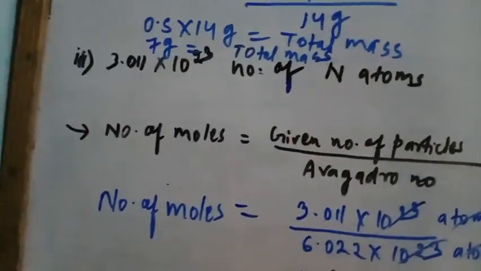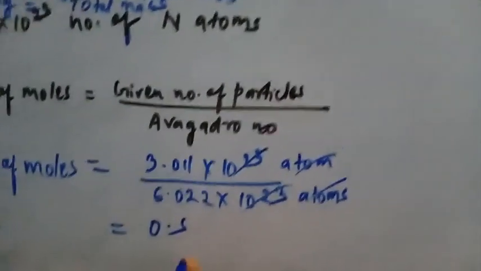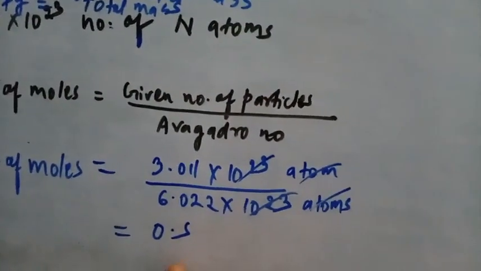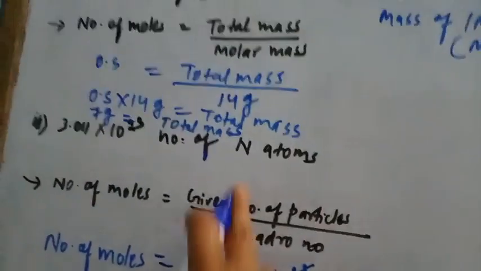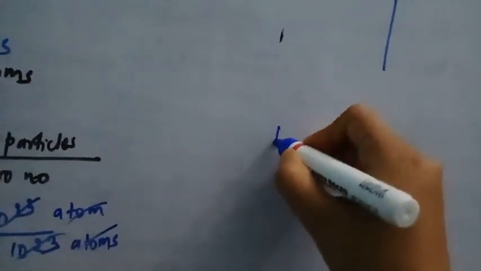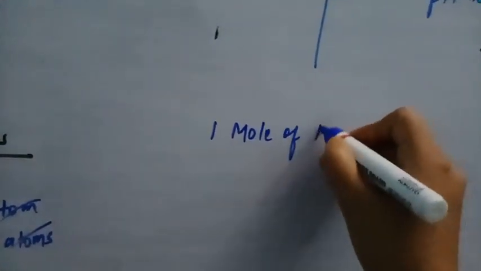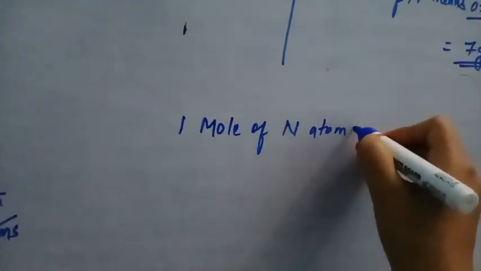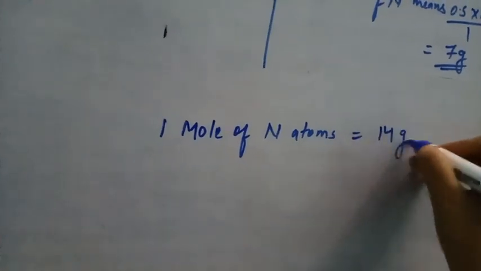Okay, so number of moles is 0.5, and from that we will calculate the mass, that is the mass of 0.5 moles of nitrogen atoms. So for that we will write: 1 mole of nitrogen atoms is equal to how much gram? 14 gram.